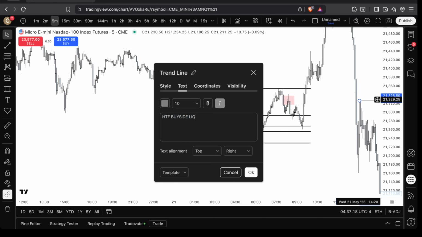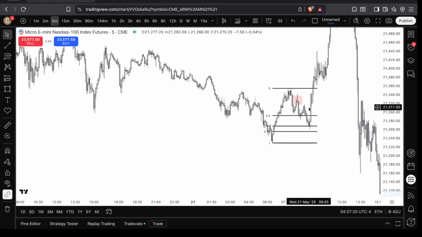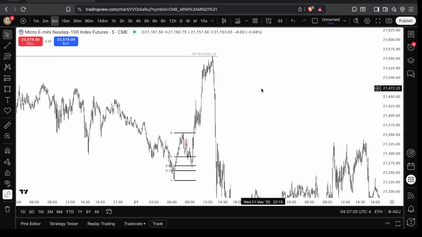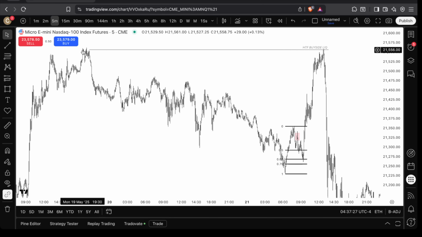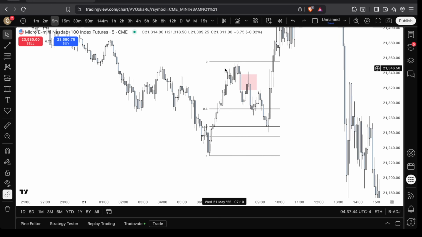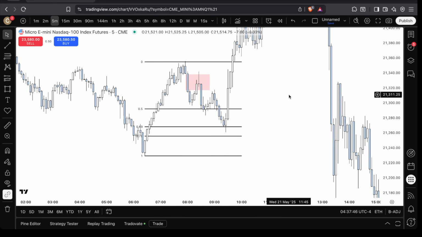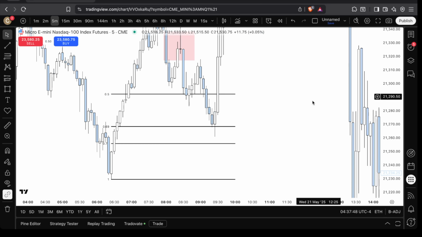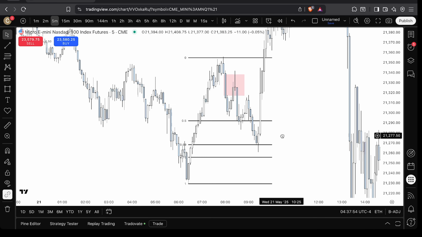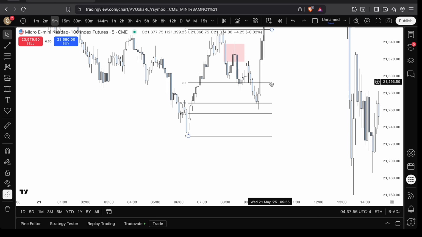Really similar scenario. So we have a higher time frame buy sell liquidity that is right here. Let's check what is going on at market open. So you can see a similar situation again, right? What did the price do?